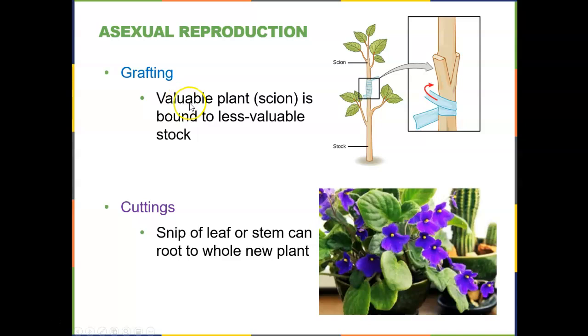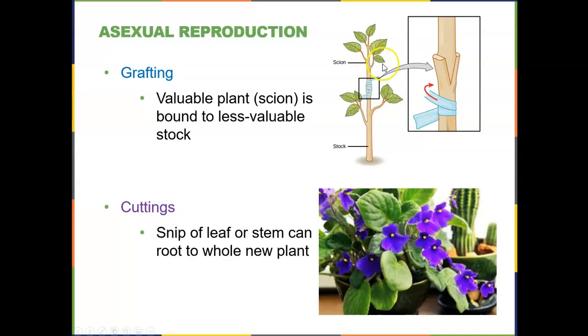That's when you take a very valuable plant and you take a cutting of it, you cut a piece of it, and you bind it onto a less valuable stock. The valuable part is called the scion, and you literally stick it into a rooted stock portion of a less valuable plant. This is done often in trees.